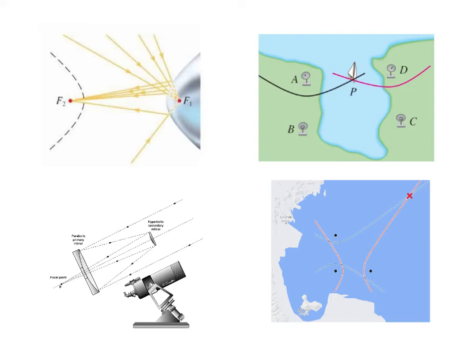The last thing I want to talk about regarding hyperbolas would be their reflection properties and some applications based off of those reflective properties. So let's start with the first image on the upper left.